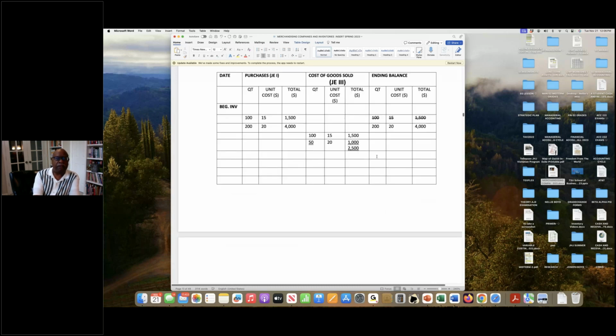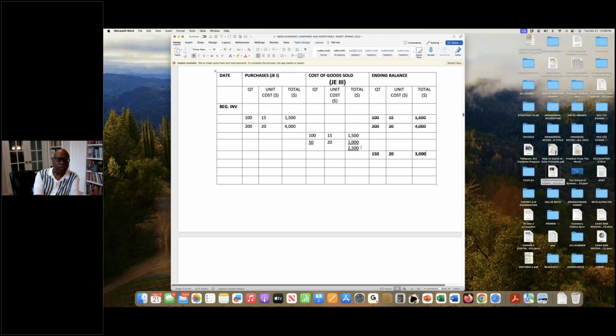Now we have to ask, how much do we have left? We don't have 200 of these anymore. What we have left is 150 of the bottom layer only. They're in there at 20, so this would be $3,000. Every shoe store has this for each size. They have a card.